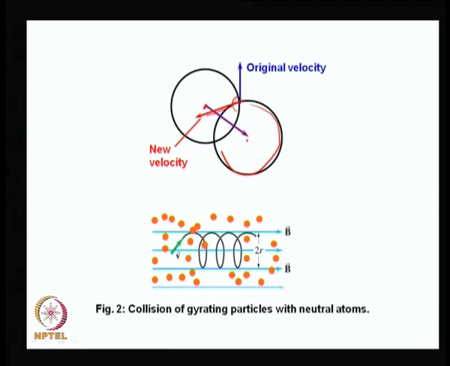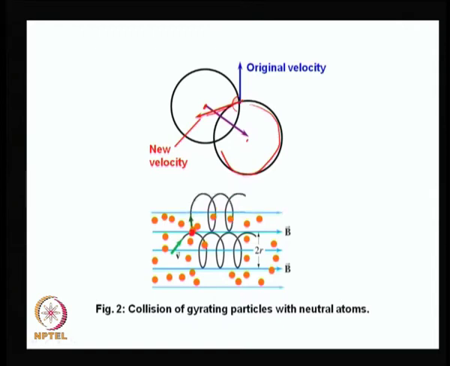If you look at it from a distance, then the lower figure shows you what is happening. Here is the original path of the charged particle, it is gyrating about a field line. Now, look at this particle in the plasma. Say the electron, while gyrating about the field line, collides with this particular particle. What happens?